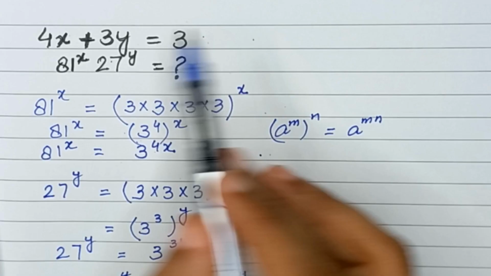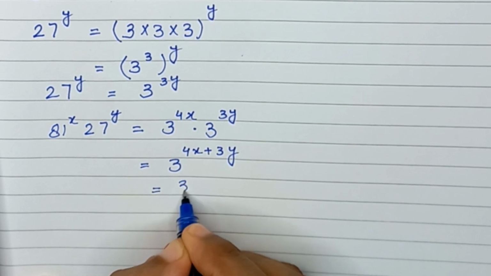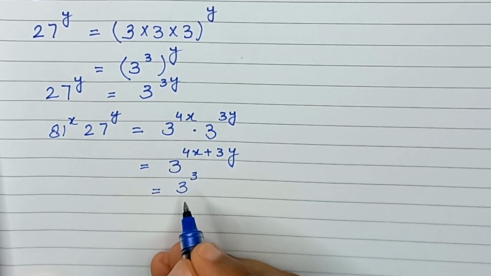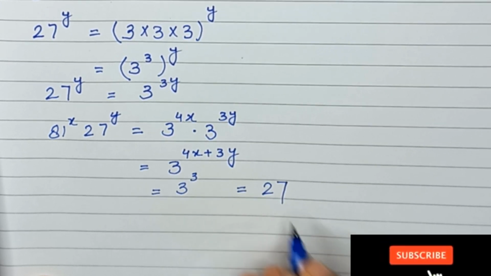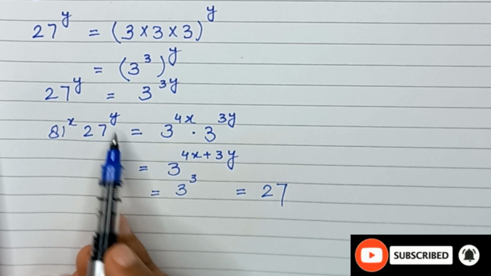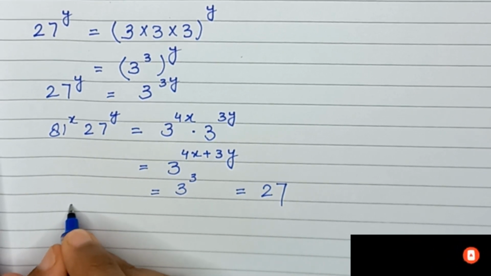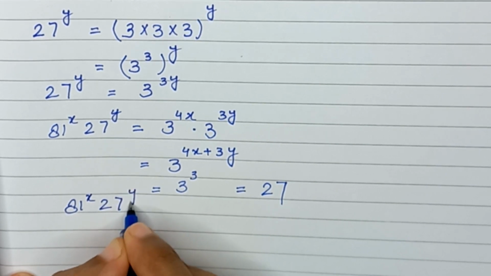And it is given that 4x plus 3y is equal to 3, so it will become 3 raised to the power 3, and 3 raised to the power 3 is equal to 27. It means 81 raised to the power x into 27 raised to the power y is equal to 27.